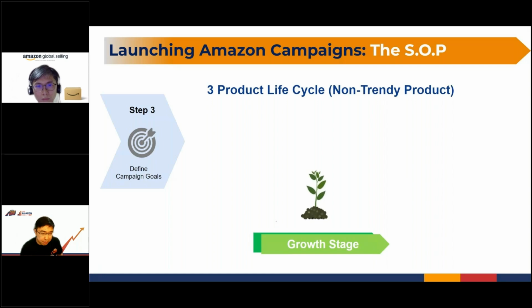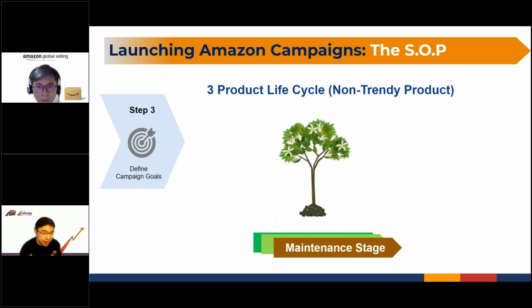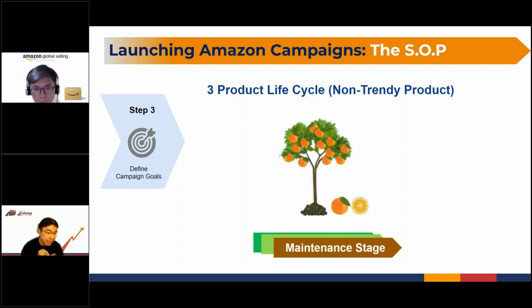This is the point where you finally start to see profits coming in, or most people reach the break-even point in the growth stage. But they haven't reached market saturation yet. And as you grow, you reach the market cap already. You're rank 1 for a lot of keywords, you're a dominant competitor in the marketplace, and this is where you need to start maintaining your organic rank.